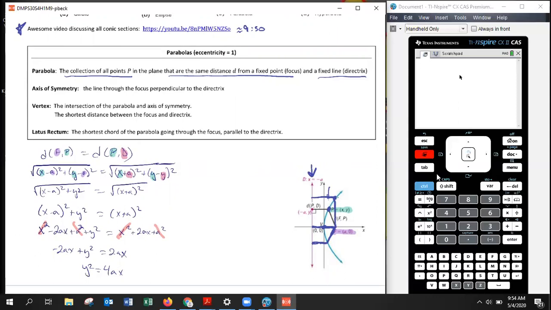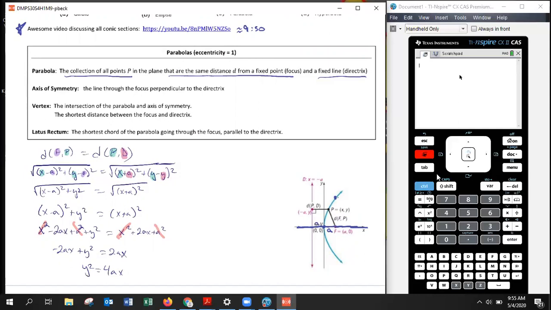So let me go ahead and erase the little drawings that I did on here so that we could talk about all these different parts. Now, the axis of symmetry is going to be that generating line. We have our vertex, which we said was our shortest distance. So our shortest distance is what we're going to call A right here.